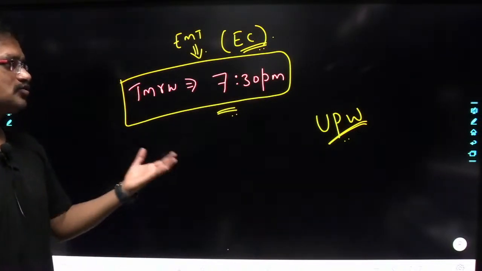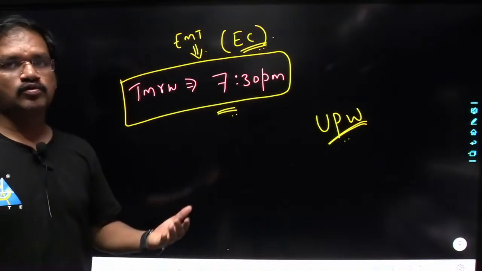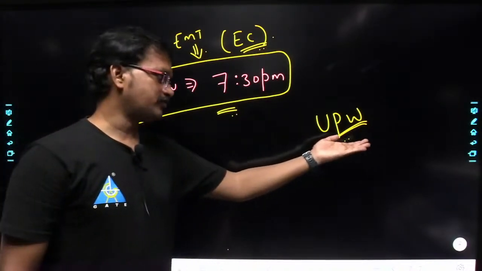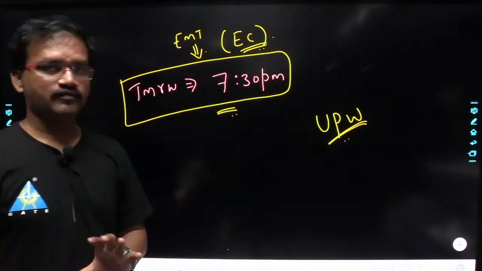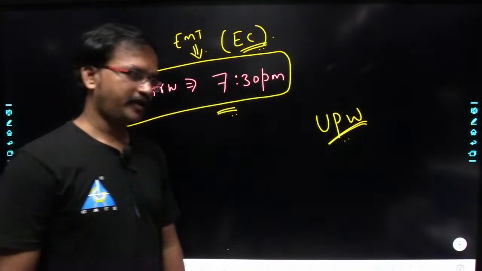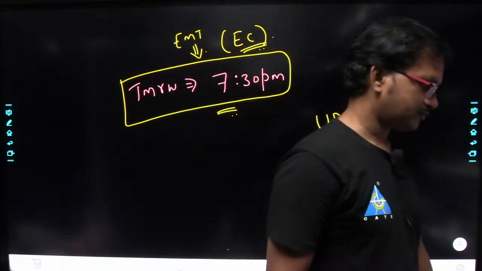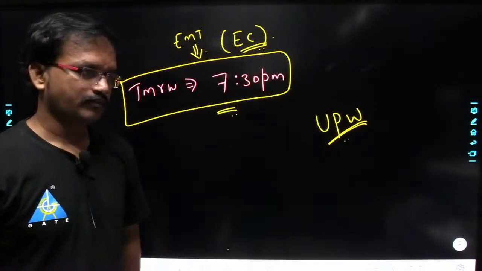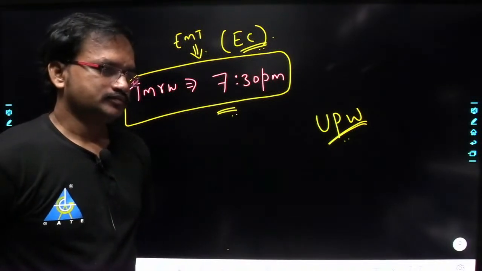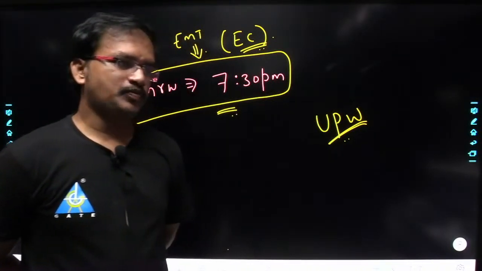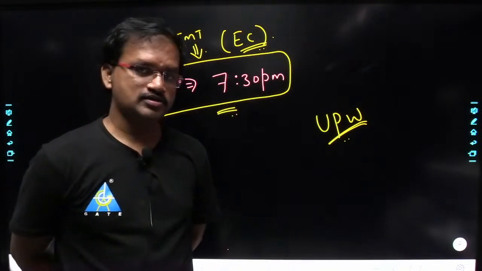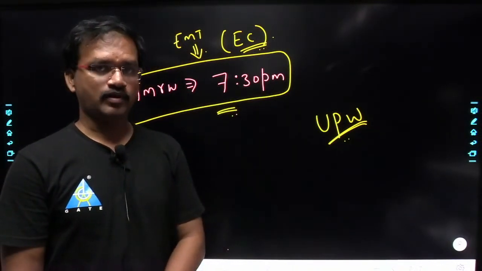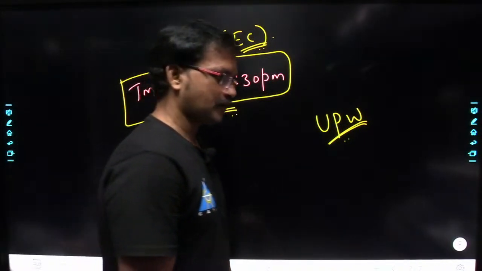Once you get familiar with these things, then we will move on to the next level. As we proceed further into the subject, I will take some more difficult level problems.